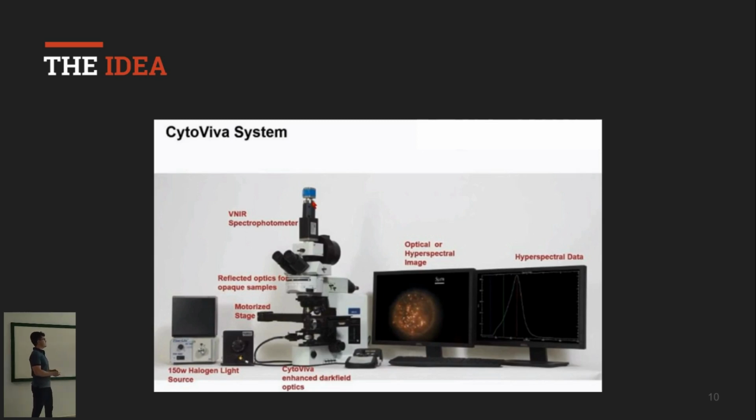This is a microscope. We have the light source, we have the dark field, we have the spectrometer, a lot of equipment, screens to see what is in the sample.